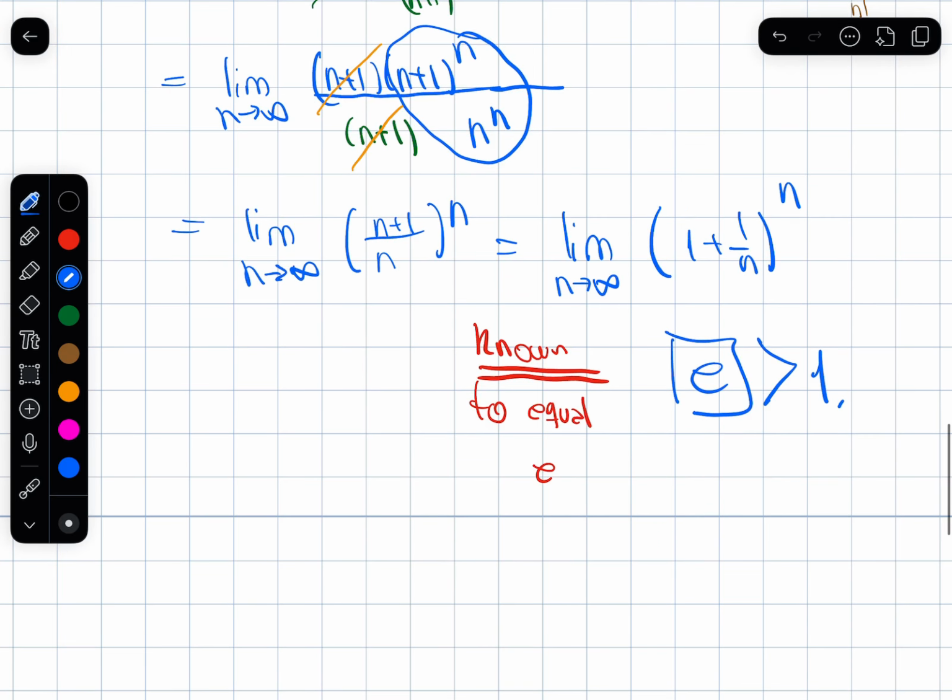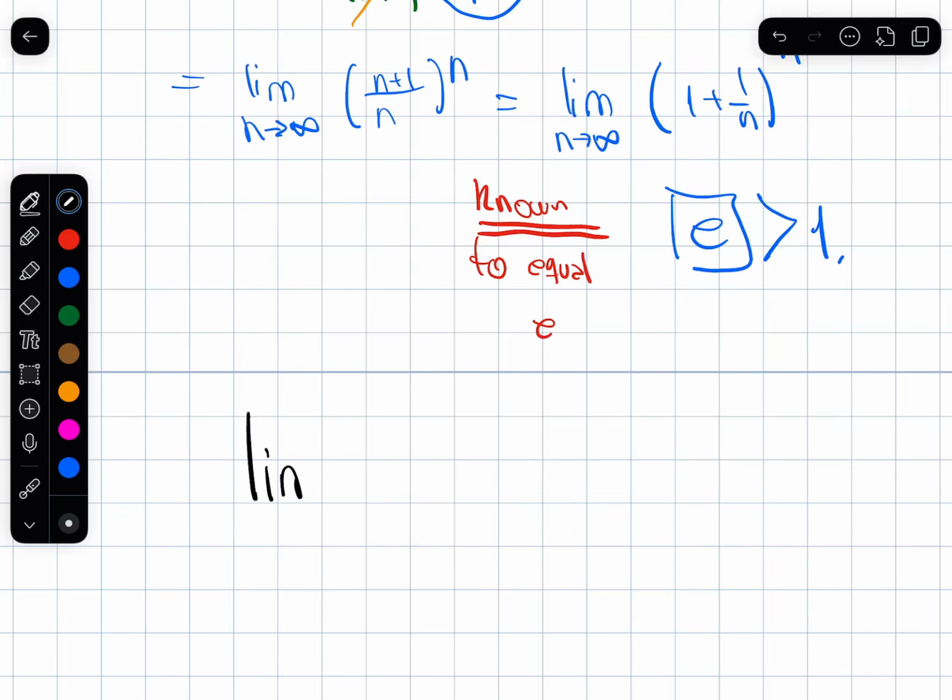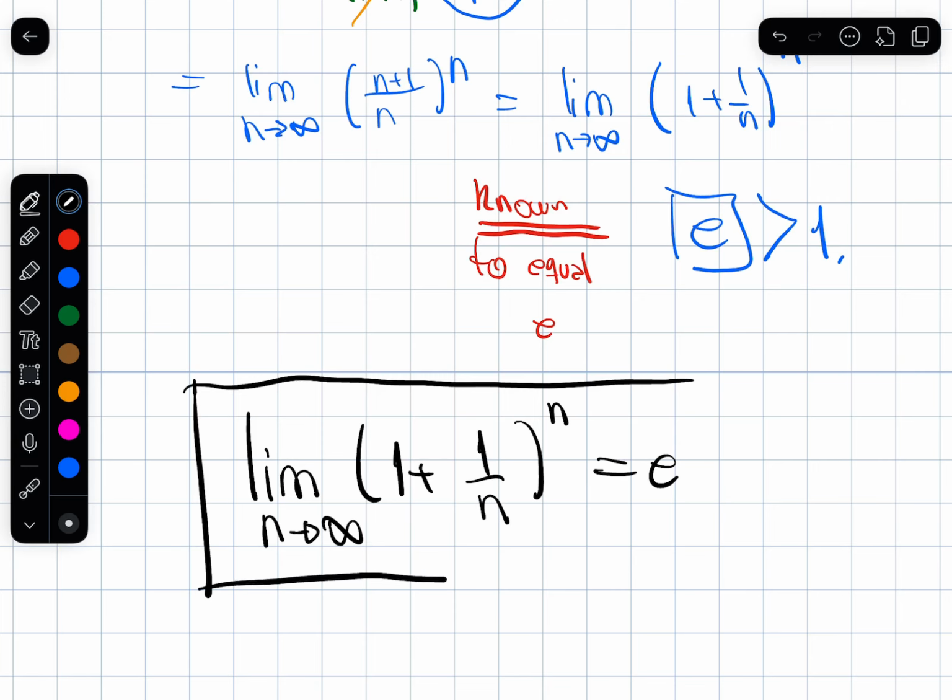If you don't know how and why this is e, in some books this is how you define the number e. I can maybe prove this to you in a separate video, but this is a limit that you should remember, that this is known to equal e. If you don't, just go maybe on a formula sheet somewhere, write down, this is going to be helpful. This is known to equal e. And e is greater than 1. It's 2.72 more or less.